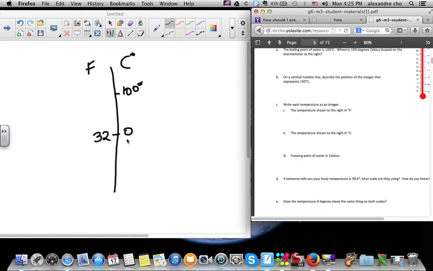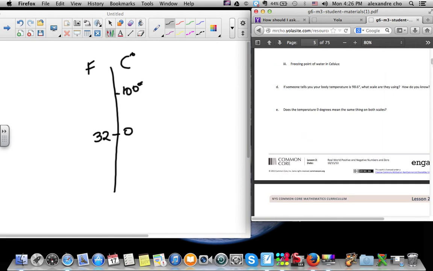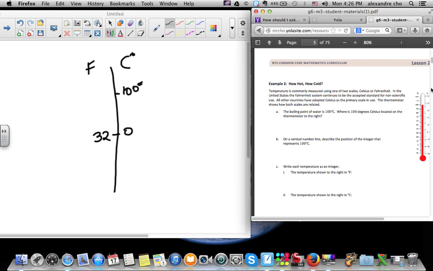Freezing point of water in Celsius. In Celsius, the freezing point is 0 and in Fahrenheit is 32. If somebody tells you your body temperature is 98.6 Fahrenheit, what scale are they using? How do you know? Well, 98.6 must be in Fahrenheit, because in Celsius, that would be about 36, 37.